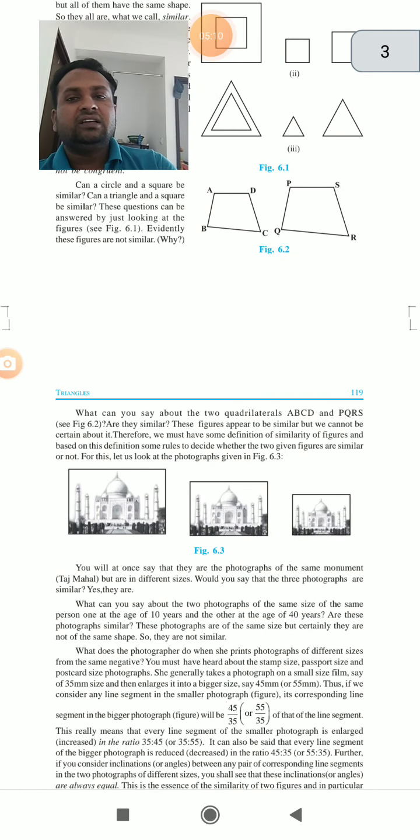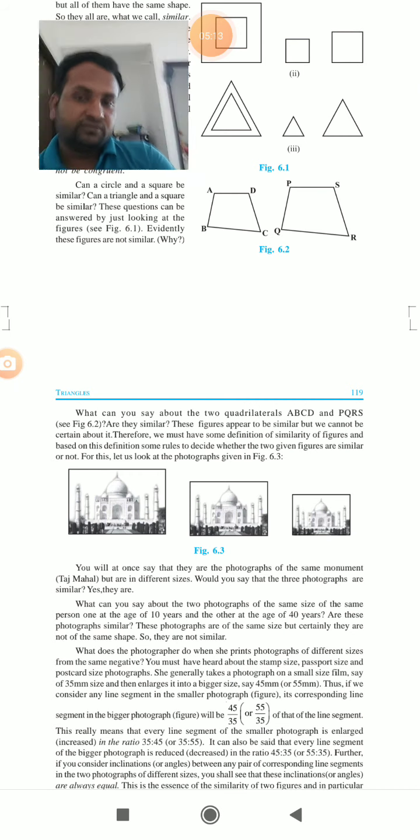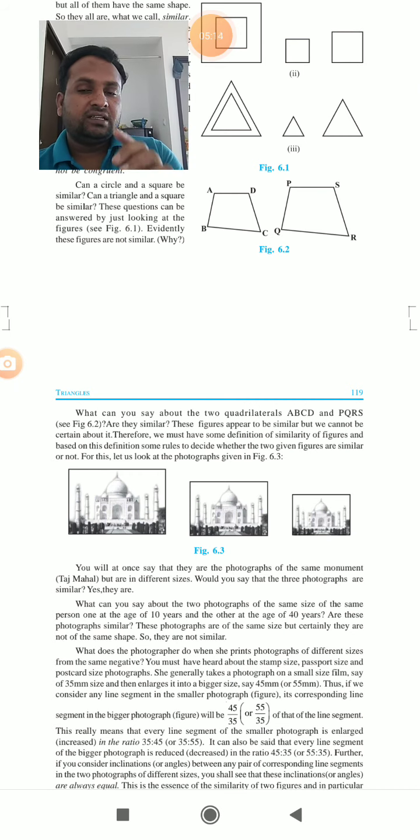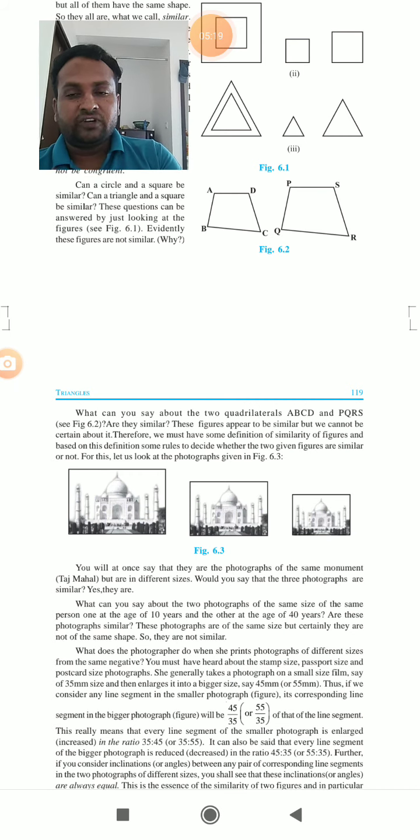Now see, when you go to the Photoshop, see a man who is 40 years old with a passport size photo, and a stamp size photo, you know that. Take a man who is 40 years old and a child who is 10 years old.